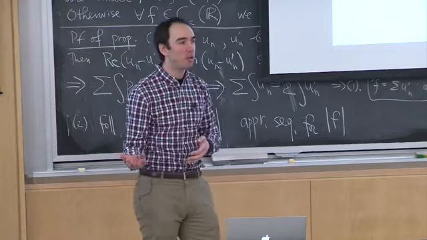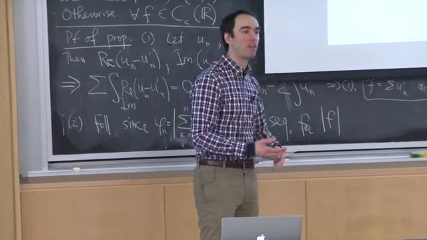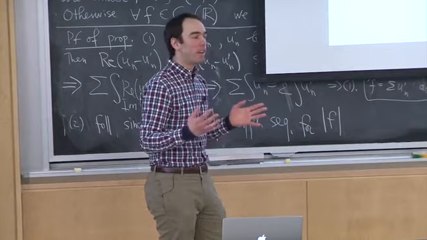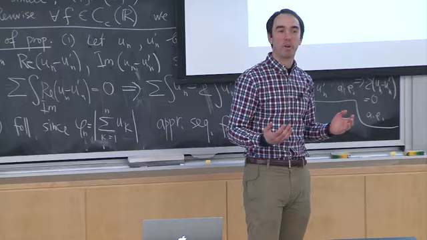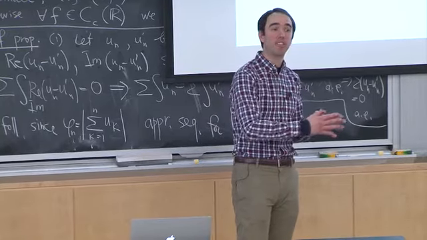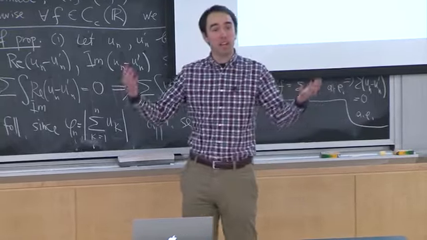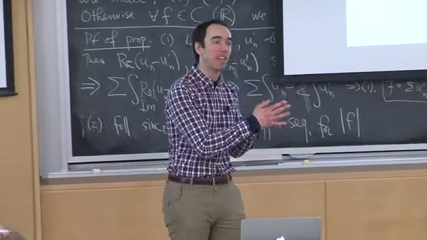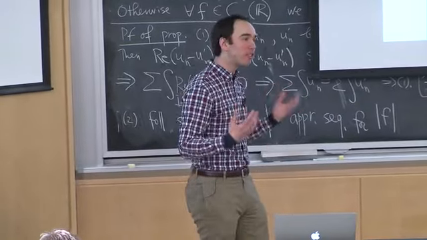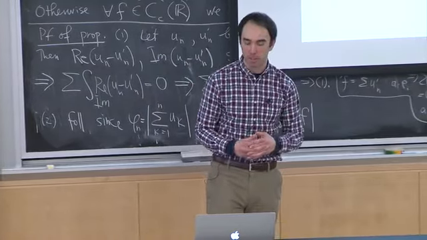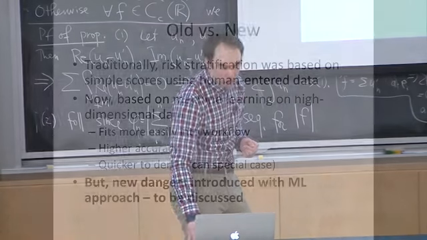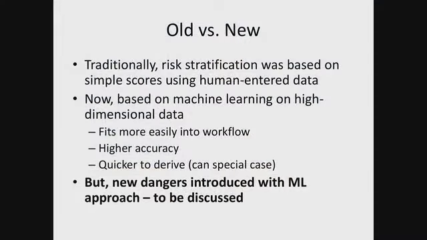You take data that's available, you apply your machine learning algorithm, and even if it's a condition or an outcome which occurs very infrequently, if you have access to a large enough data set, you'll be able to get enough samples in order to actually predict that very narrow outcome. And so as a result, it really opens the door to rethinking the way that risk stratification can be used. But as a result, there are also new dangers that are introduced. And we'll talk about some of those in today's lecture, and we'll continue to talk about those in next Thursday's lecture.